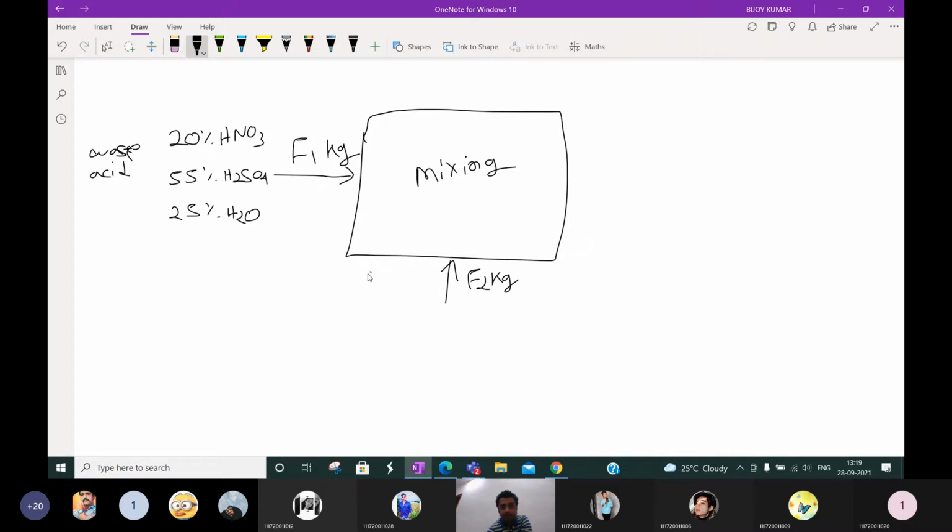So in the total F2 amount, 98% is H2SO4. What is present in the remaining 2%? Water. This is concentrated sulfuric acid. In concentrated sulfuric acid, 98% is H2SO4, so the remaining 2% is water.